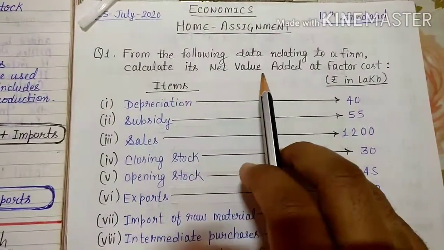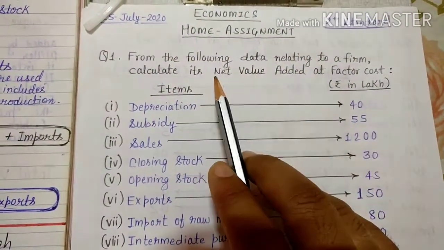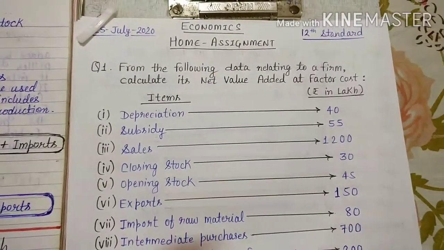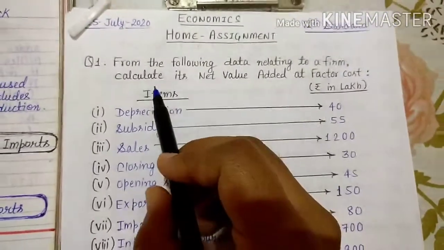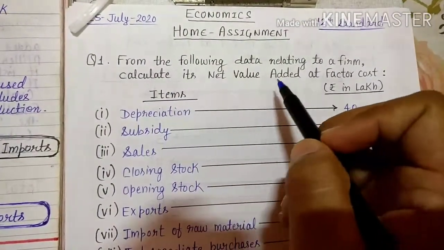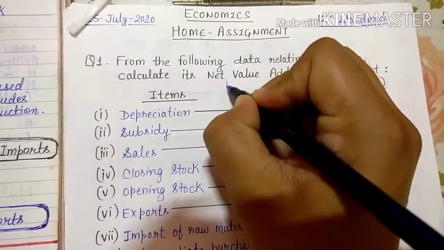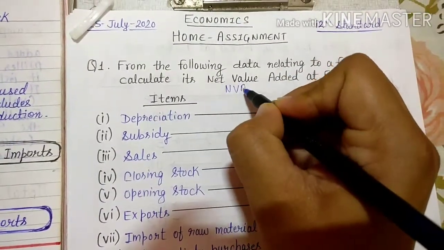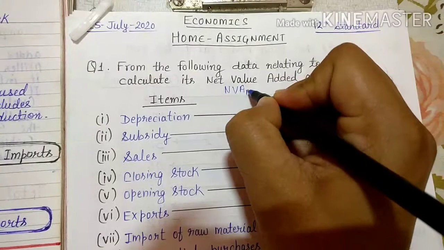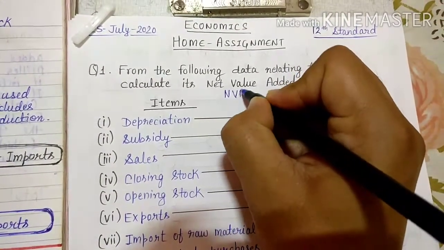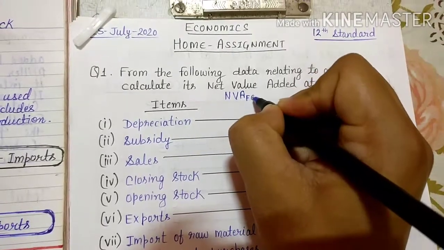From the following data relating to a firm, calculate its net value added at factor cost. So first of all, we have to find out what we have to find. Here they are saying calculate its net value added at factor cost. So what is this? Net value, V for value and A for added at what? At factor cost. It means they are talking about NVA at FC.